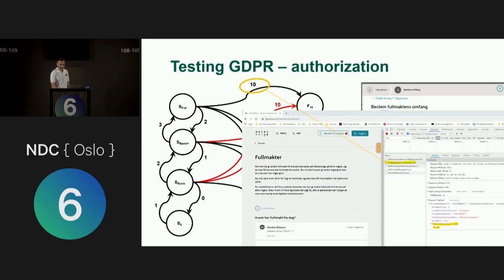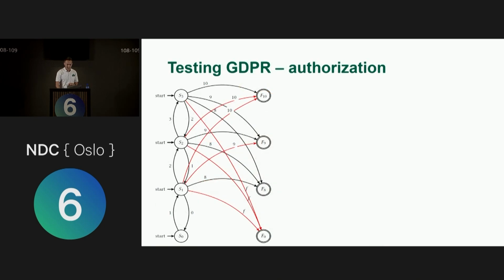So again, this is calling an API. In this case, it's called create full mapped with the parameter 10. And we verify that, for example, the status code is 200 or OK. This is the same picture, but I drew it with another tool. Now we have one more state, called F0.